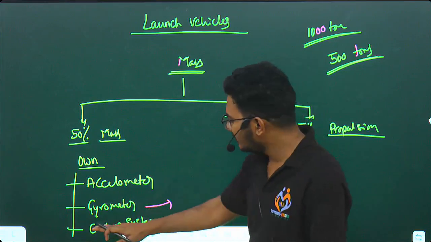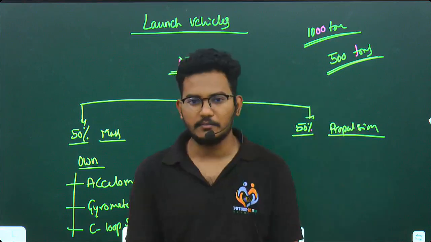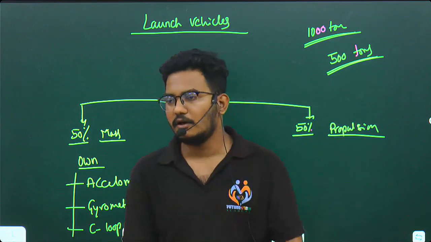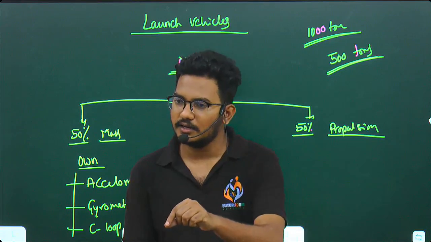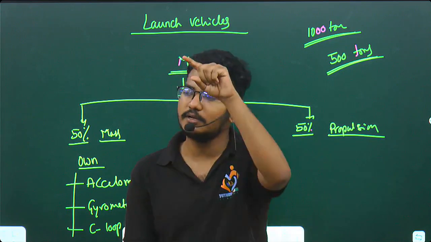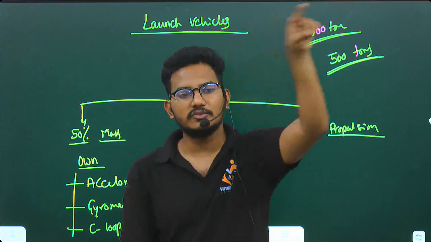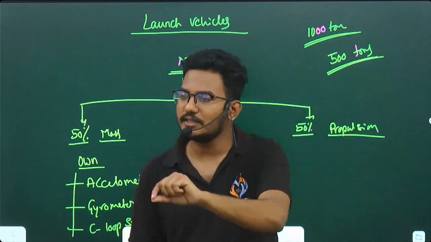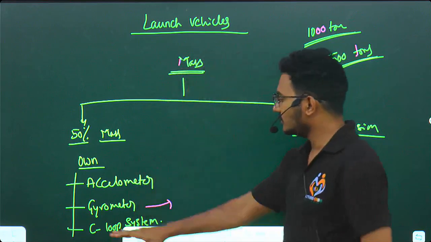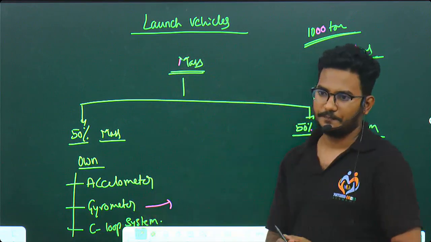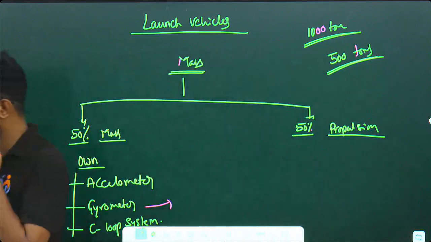And the C loop system is the programming of the entire program of the launch vehicle. At what time it has to launch, at what kilometer it has to rotate, at what kilometers it has to inject into the orbit. Everything is nicely programmed, and the programming system is called the C loop system.